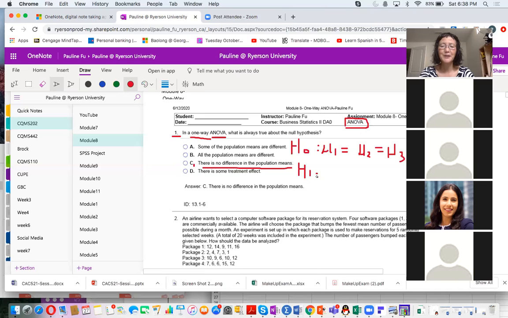That is H1, okay? At least one. mu i could be mu1, mu2, mu3. At least one mu i is different from the others. So that is the basic concept about comparing three population means using the ANOVA test, okay?